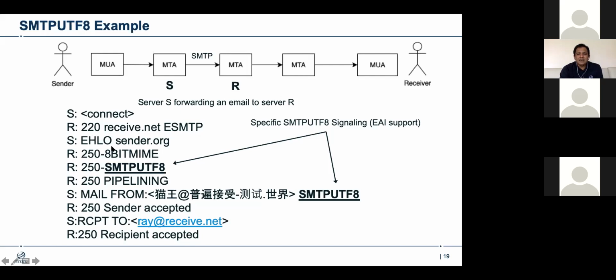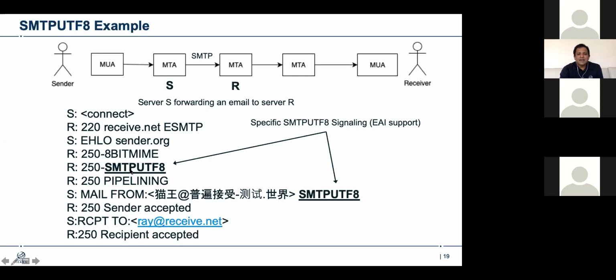Then the sender can start sending the hello message or extended hello message with the sender's domain. And then the receiver will have to say what sort of signaling it can support. So it will send, for example, 8-bit MIME, which means the sender can send things like attachments and so on.